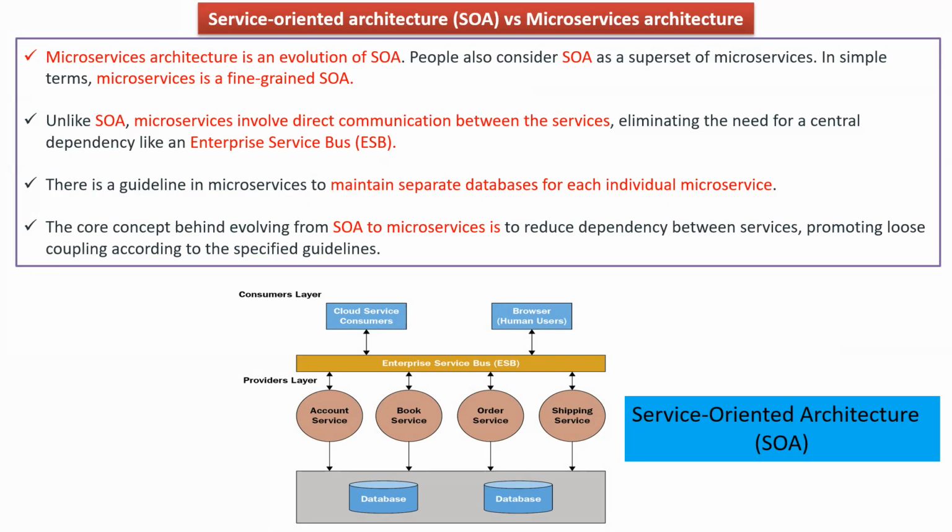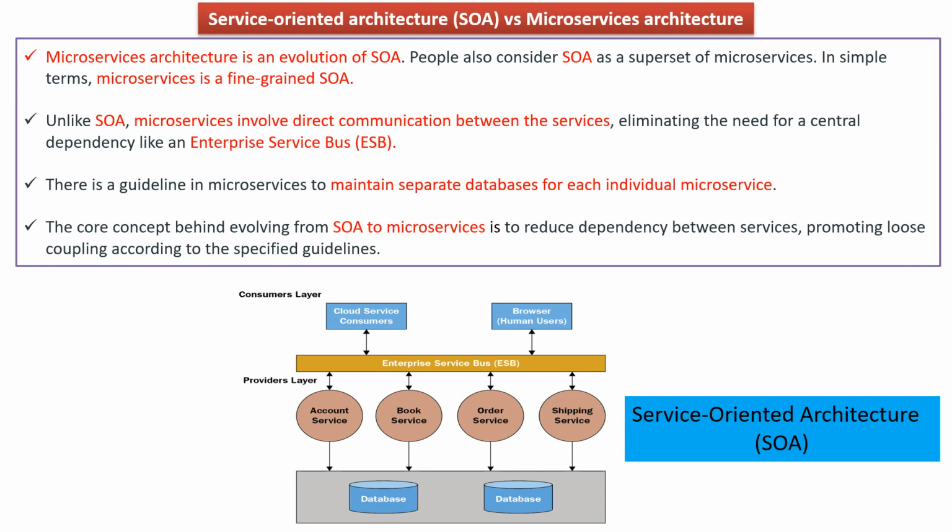Microservices architecture is an evolution of SOA. People also consider SOA as a superset of microservices. In simple terms, microservices is a fine-grained SOA. Unlike SOA, microservices involve direct communication between the services, eliminating the need for a central dependency like the enterprise service bus, which is nothing but ESB.